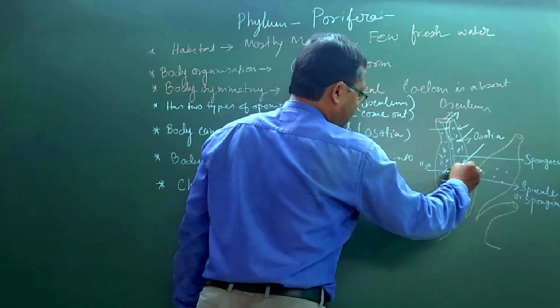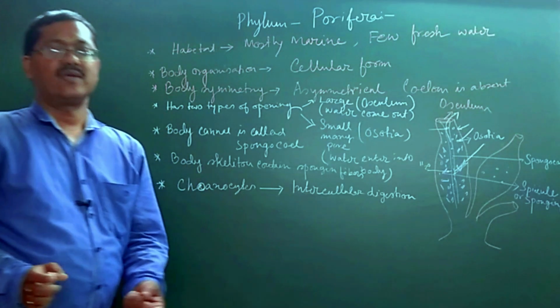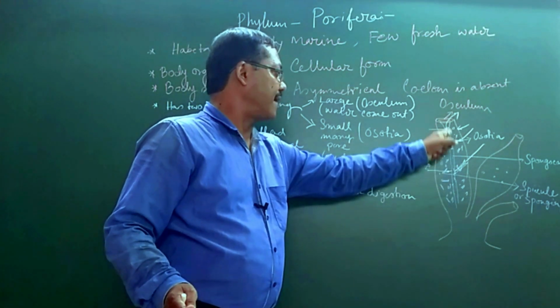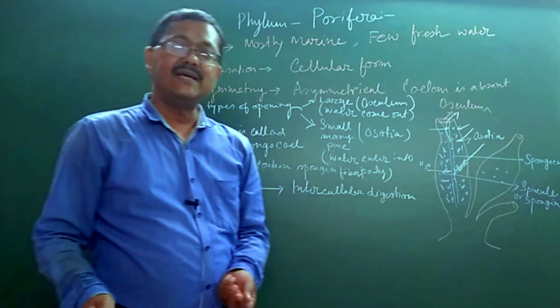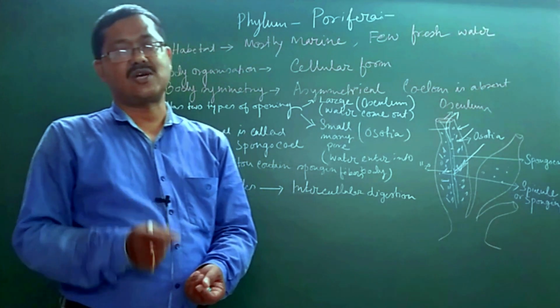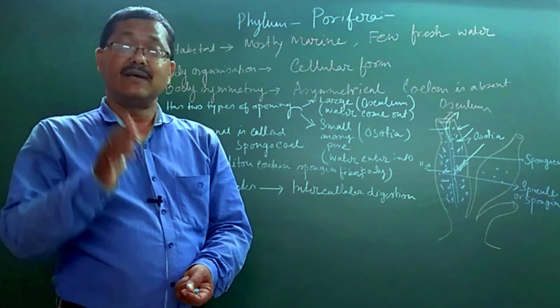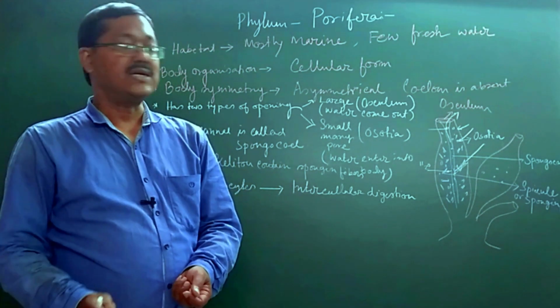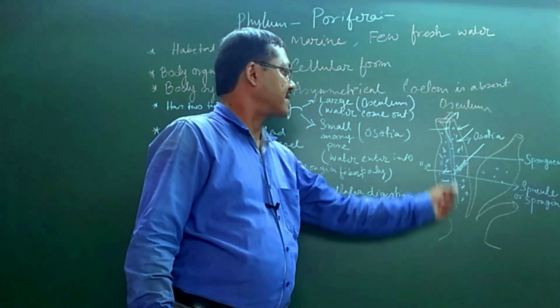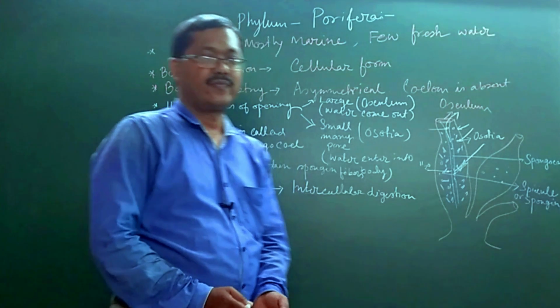After digestion, the excretory substances are expelled into this cavity and come out. This area also helps in excretion and respiration. These functions are performed by the cavity spongocoel.